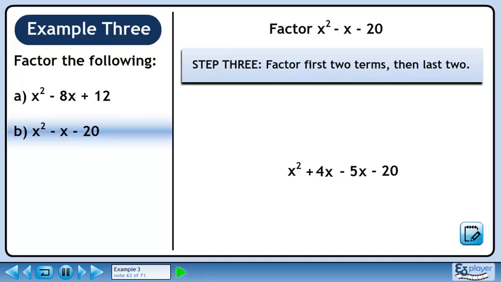In step 3, we'll factor the first two terms, then the last two. X squared is x times x. Four x is 4 times x.